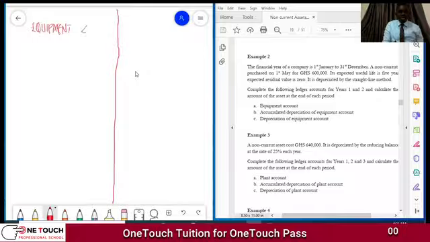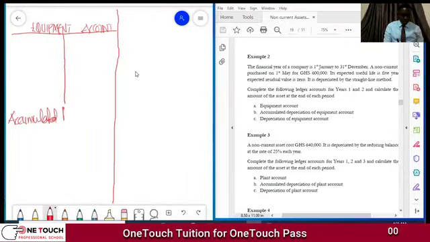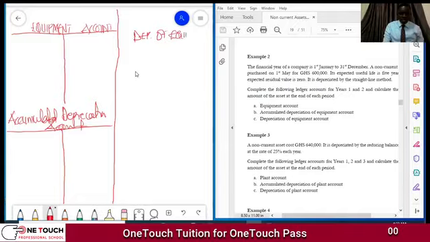Open the equipment account. Then open the accumulated depreciation account, and then the depreciation of equipment account. Good.